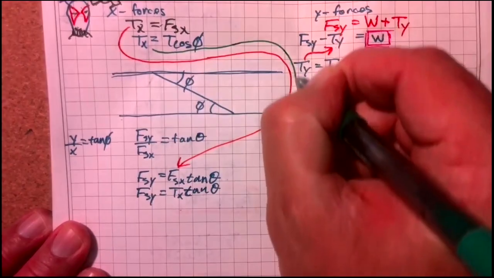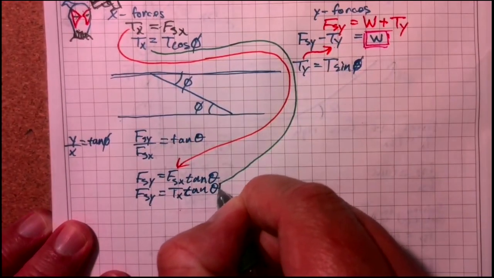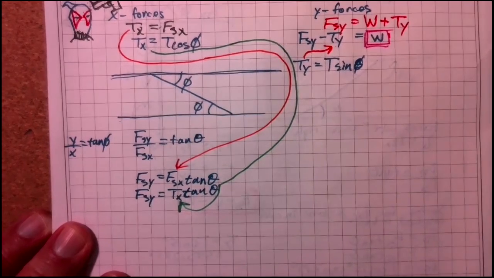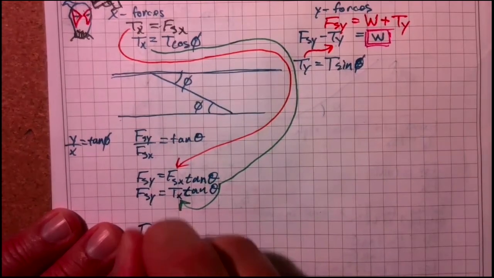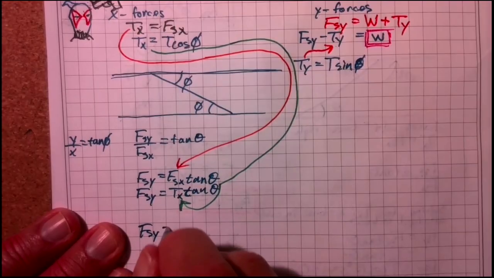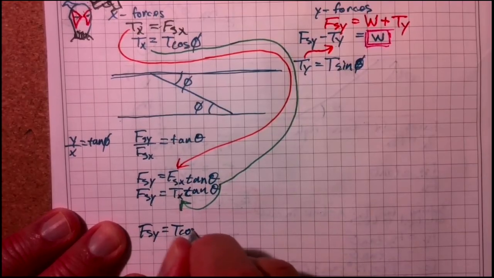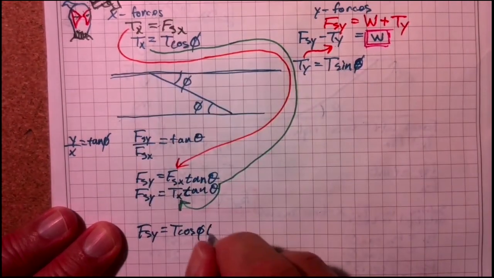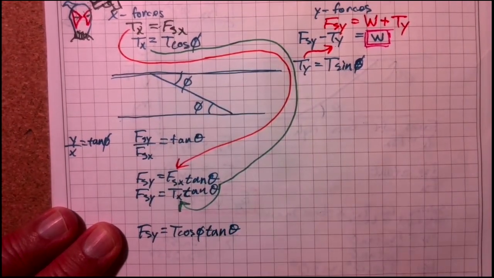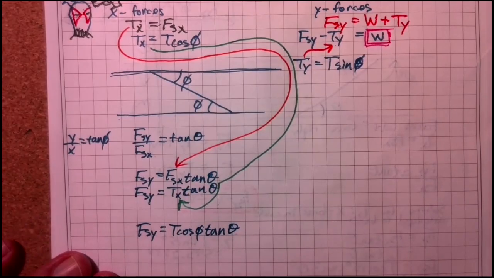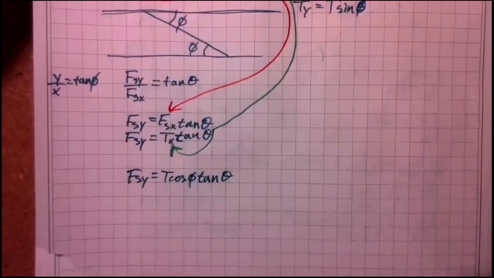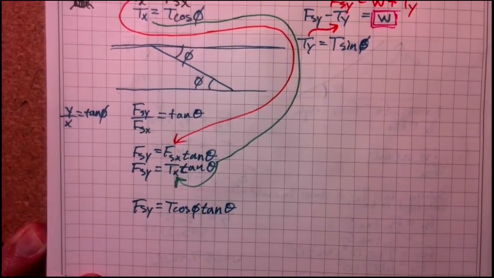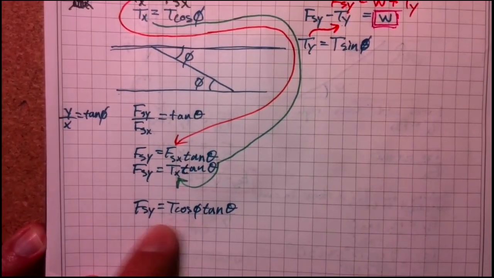Making those substitutions, now I'm going to have F of s of y equal to T times cosine of phi times tangent of the angle theta. It was a little bit of trig, just a little bit. But we did some good work here.